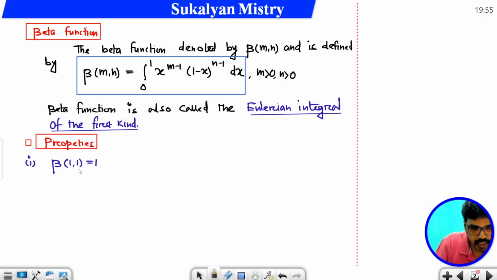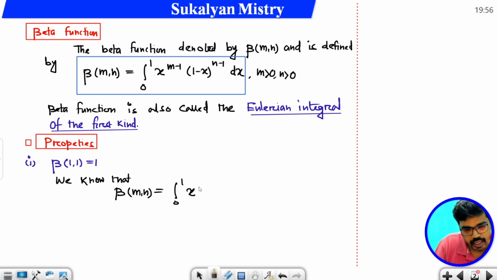We know that beta mn is equal to integration 0 to 1 x to the power m minus 1 into 1 minus x to the power n minus 1 dx. Okay, so we have to find the value of beta 1 1. Just you put m is equal to 1, n is equal to 1.